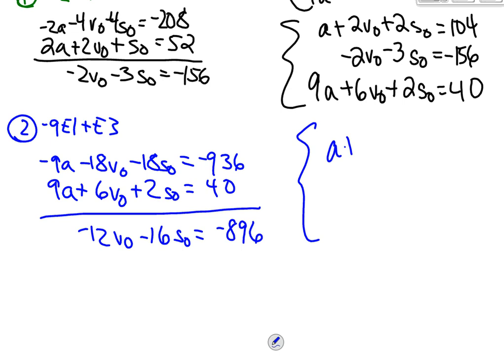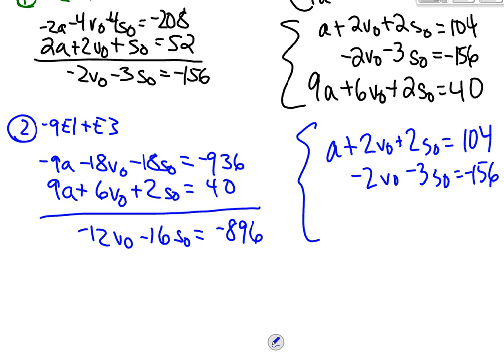So now I'll write my 3 equations. I have A plus 2V0 plus 2S0 equals 104. -2V0 minus 3S0 equals -156. And -12V0 minus 16S0 equals -896. What should I do next? Middle one.